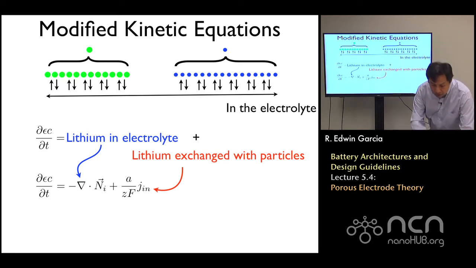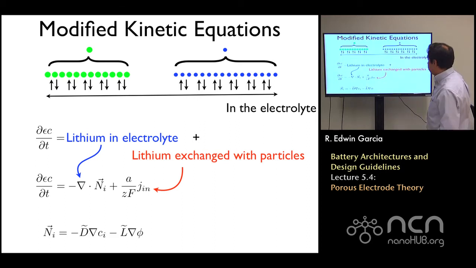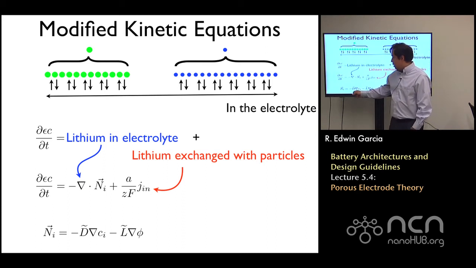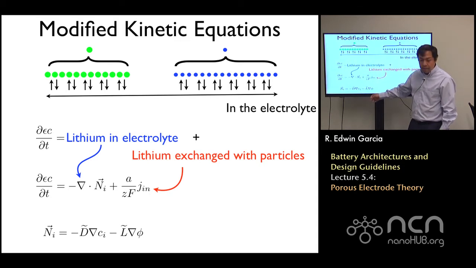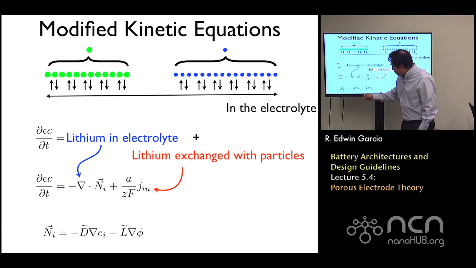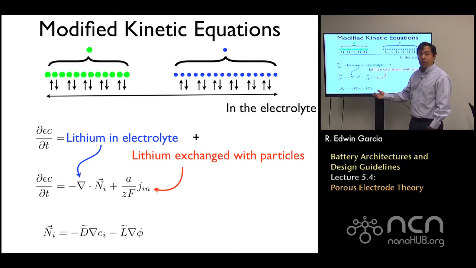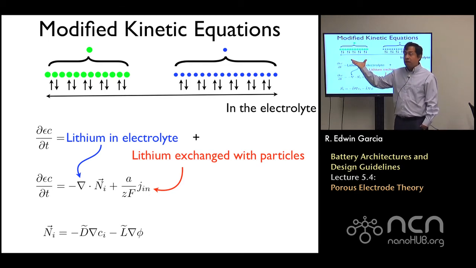And of course, in this case, you know that your mass flux will be a function of the voltage gradients and the concentration, based on the descriptions that we just provided. However, this D tilde and kappa tilde really correspond to the microstructurally averaged properties as defined through the different electrodes.